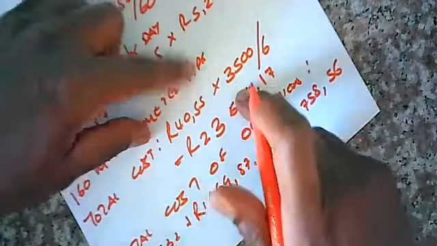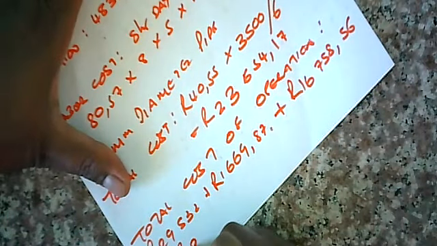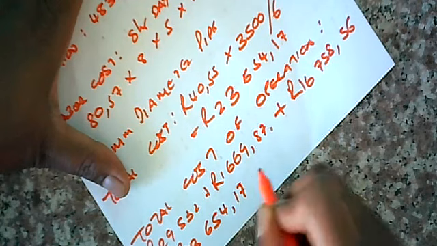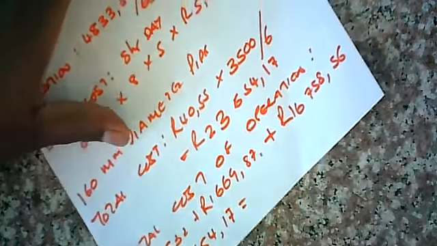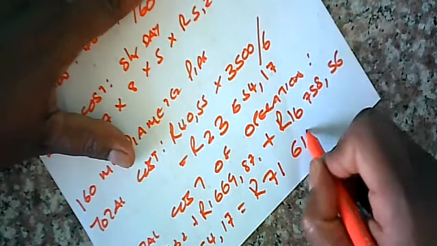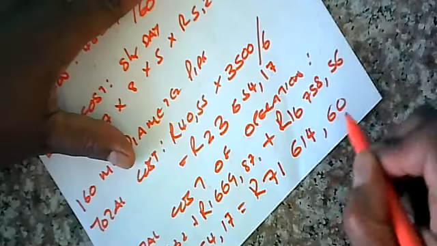The last one is the cost of the pipe, 23,654.17. And we're getting a total cost there of 71,614 Rand and 60 cents.